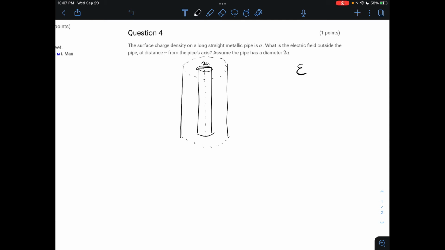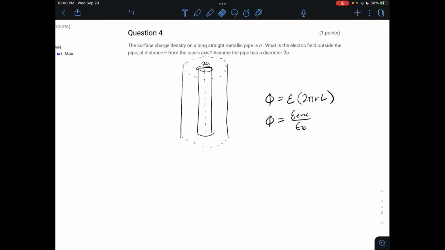In this equation, we have that our flux equals the electric field times 2 pi r L, because again, that's just our equation for flux, the electric field times the area that it's going through. And because it's a Gaussian surface, we also have Q enclosed over epsilon naught, right?